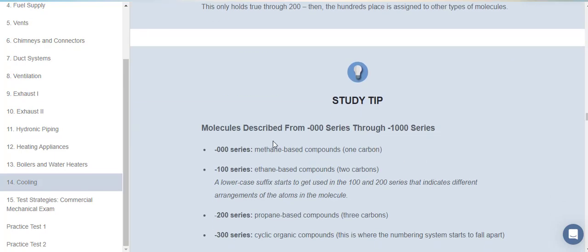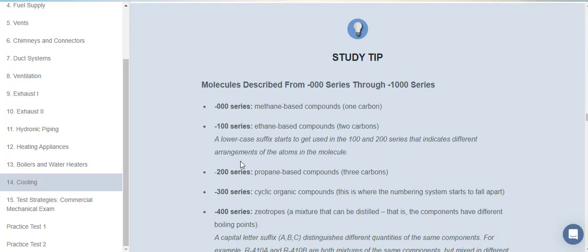Study tip: molecules are described from the 000 series through the 1000 series. 000 series, methane-based compounds, 1 carbon. 100 series, ethane-based compounds, 2 carbons.